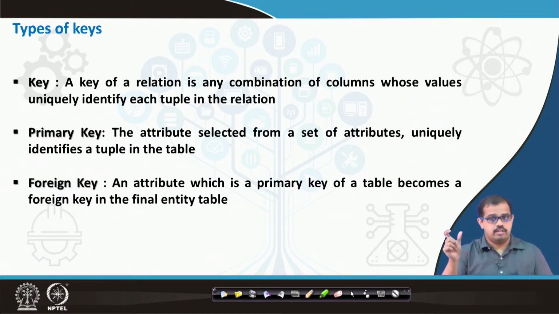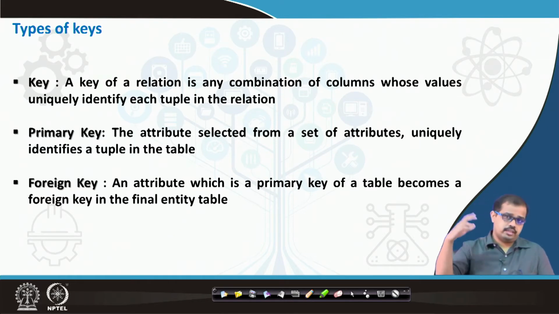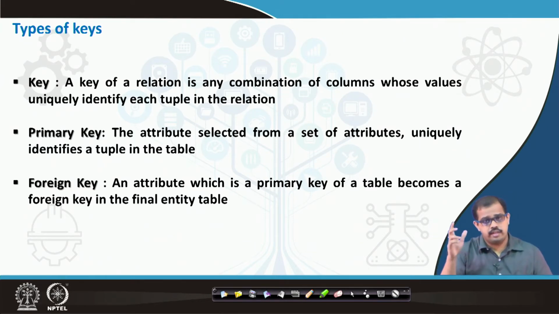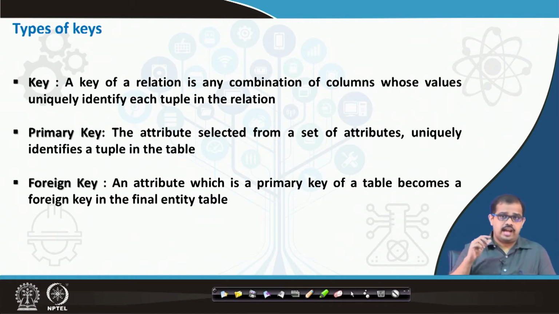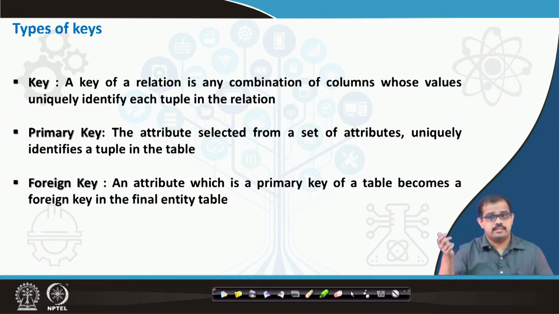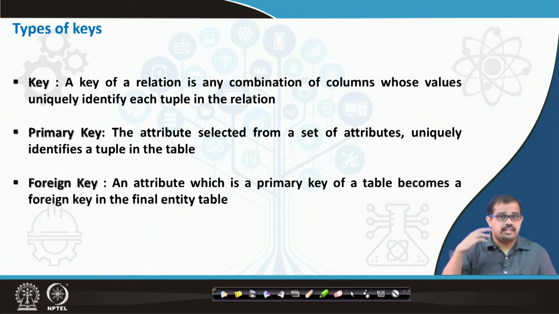Let's say this primary key is representing two different tables, connecting two different tables, and is actually acting as a bridge between them. This particular key is then called a foreign key.